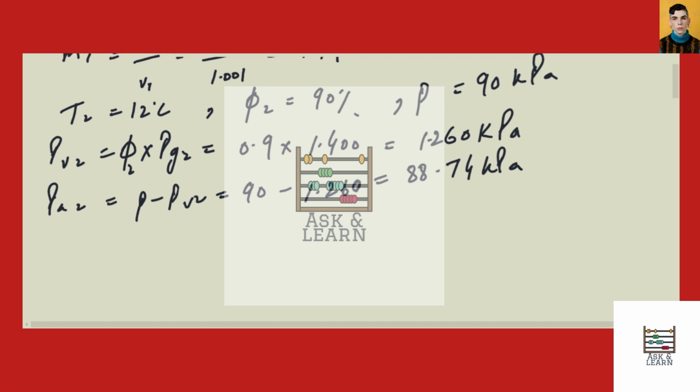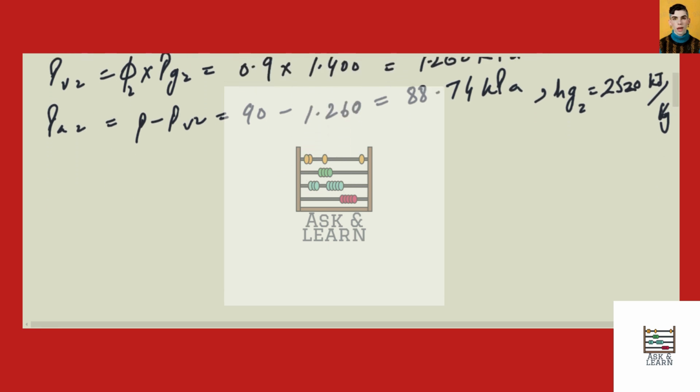For the calculation, we will also need the value of Hg2, that is equal to 2520 kilojoules per kg.